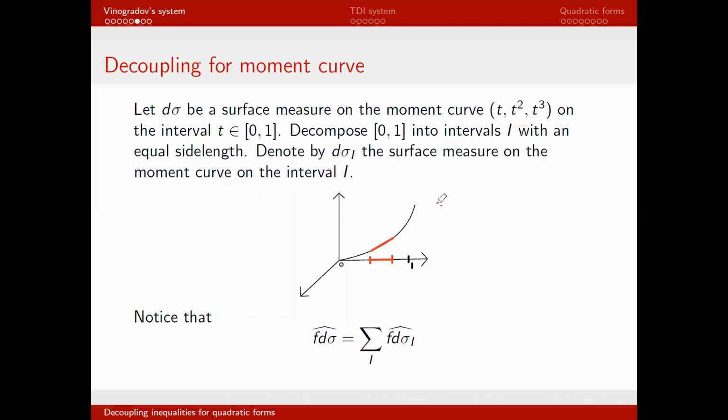We define a surface measure on this moment curve, where t is in this interval, so this moment curve is compact. We decompose this unit interval into smaller sub-intervals with equal side lengths, and we define a surface measure on each smaller arc.